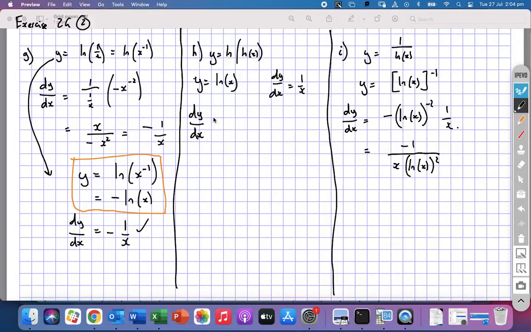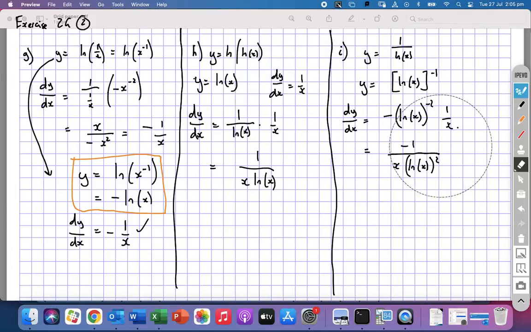The derivative of that will be 1 on that something, the reciprocal, which will be this. And then I need to go to the inside of that function and say, what's the derivative of log x? It's 1 on x. And then to tidy it up, I get 1 on x log x. Okay.